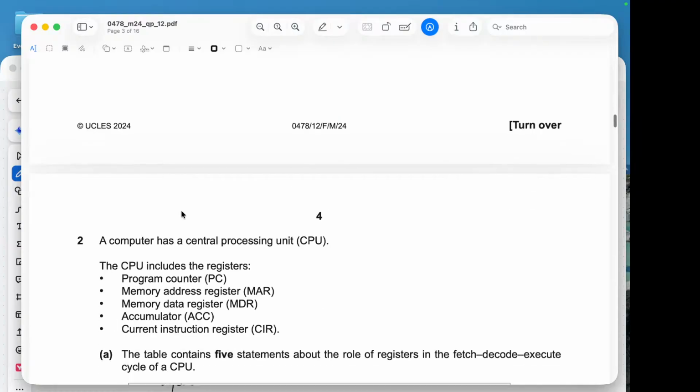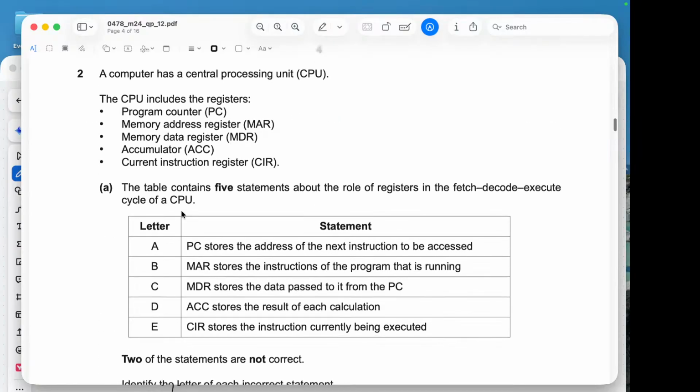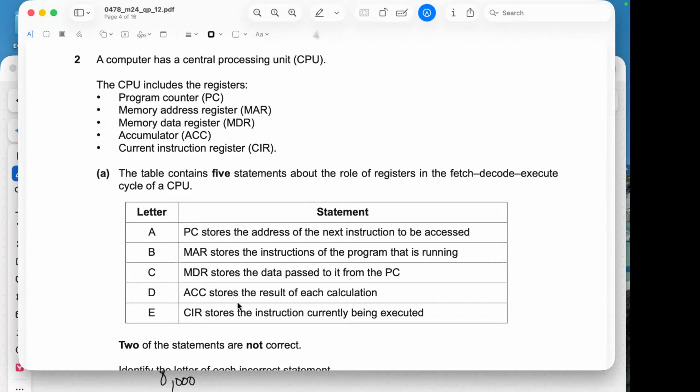Let's move on then, and we've got some von Neumann. Love it. A computer has a central processing unit, a CPU. The CPU includes the registers: the program counter, memory address register, memory data register, accumulator, and current instruction register.